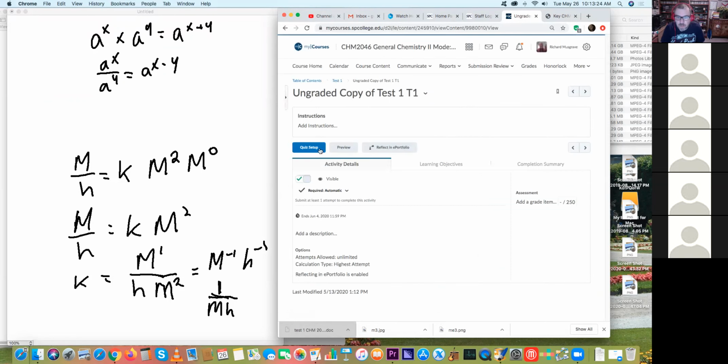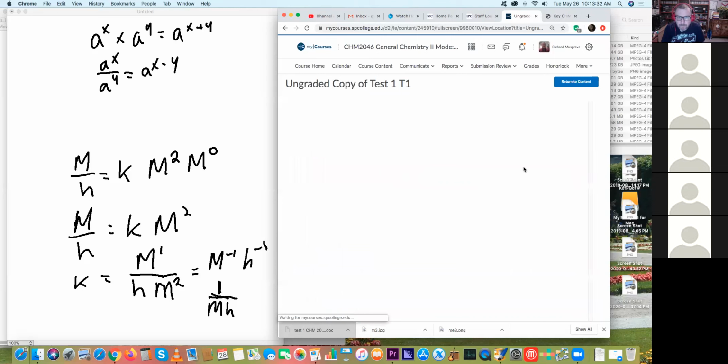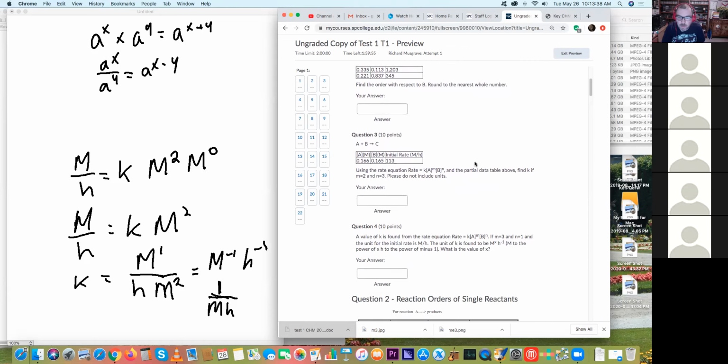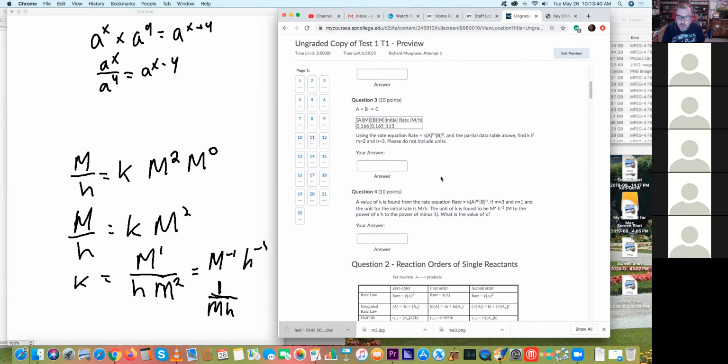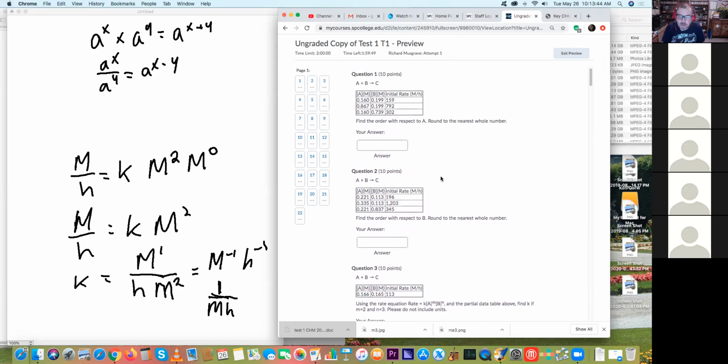Let's take a look at ungraded copy of test 1. We'll look at the preview, and I'm just going to go through the first questions that relate specifically to that question. And here we have it. So we've got question 1, question 2, 3, and 4. These questions are really just the same thing as what we just did, just spread over 4 different questions.